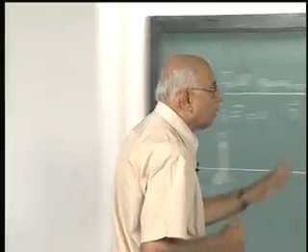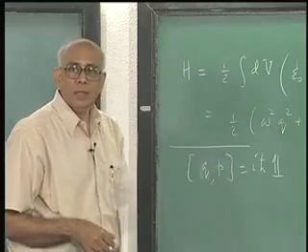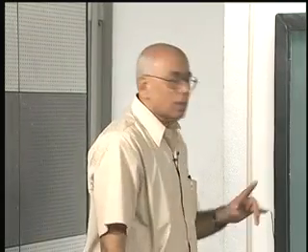So straight away from the oscillator we go over to a picture where the electromagnetic field is pictured as a collection of oscillators, one oscillator for each mode of the electromagnetic field, and then the number operator corresponding to that oscillator is just the number of quanta of the field, number of photons with that particular frequency and wave number, and state of polarization. We have not talked about the polarization, I will come to that in a second.